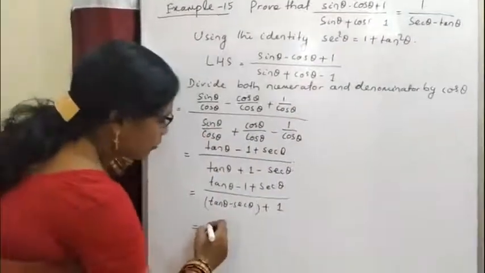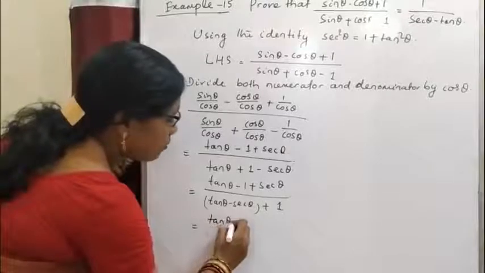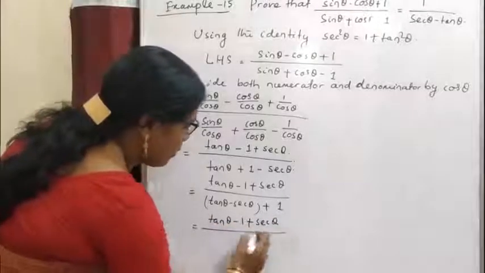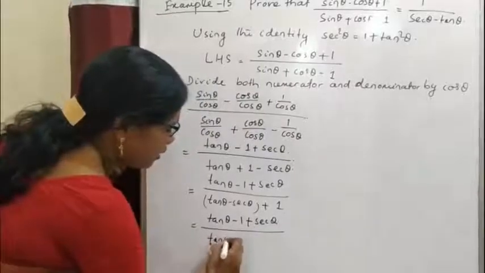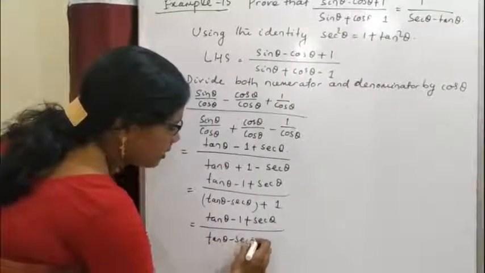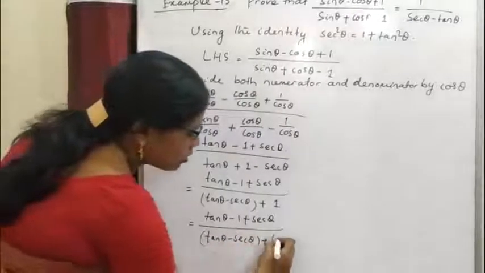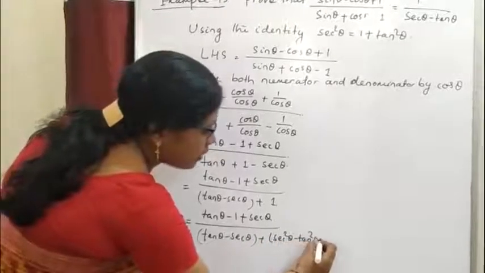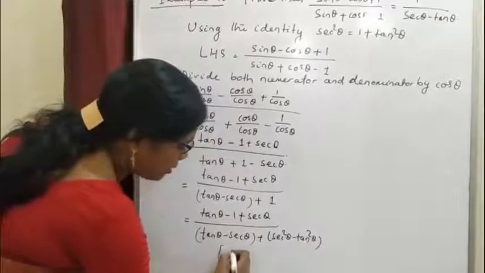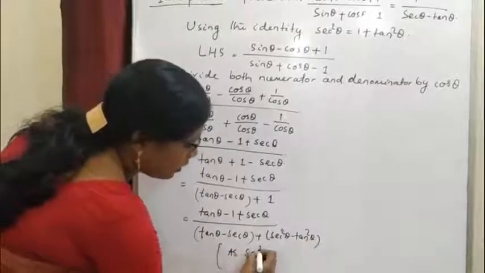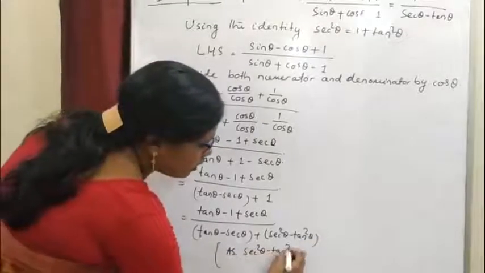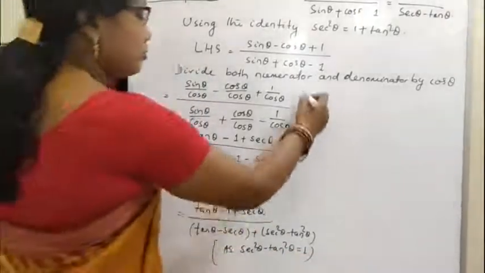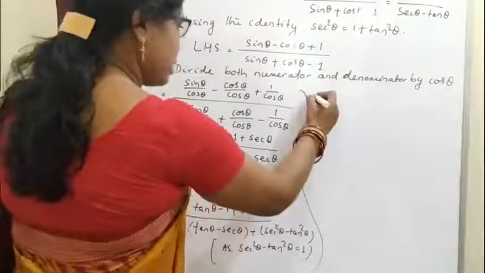So tan theta minus 1 plus sec theta, divided by tan theta minus sec theta plus sec square theta minus tan square theta, which is equal to 1. Now let us continue.